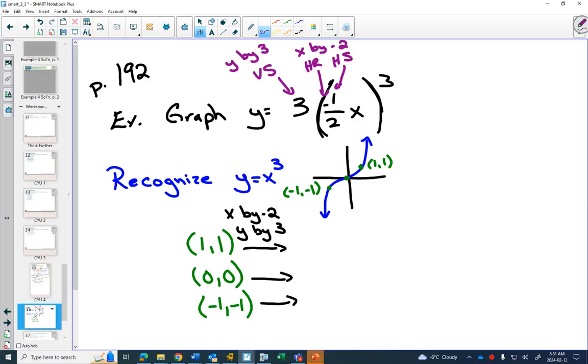And my new points I'll do in purple. I would get (-2, 3), (0, 0), and (2, -3).